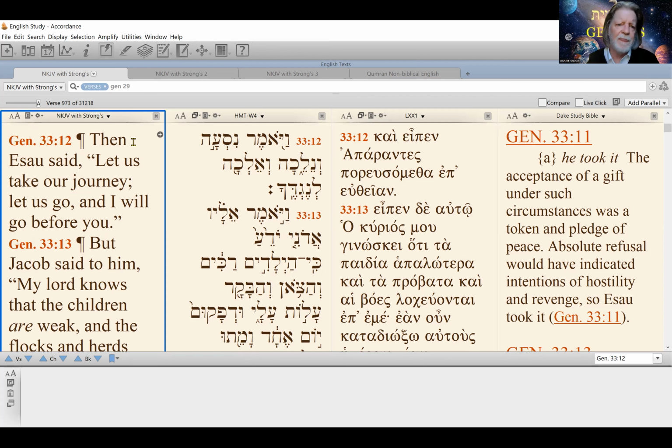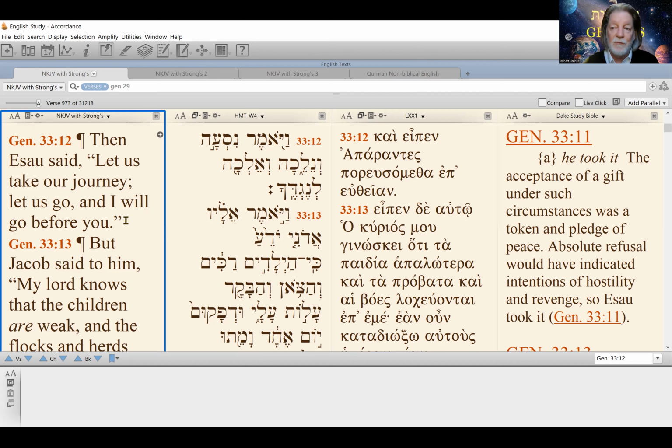So verse 12, then Esau said, let us take our journey, let us go, and I will go before you. Now, I'm not sure where Esau wants to take them. It might be to where the extended family's Canaanite headquarters was, like Beersheba or someplace like that.